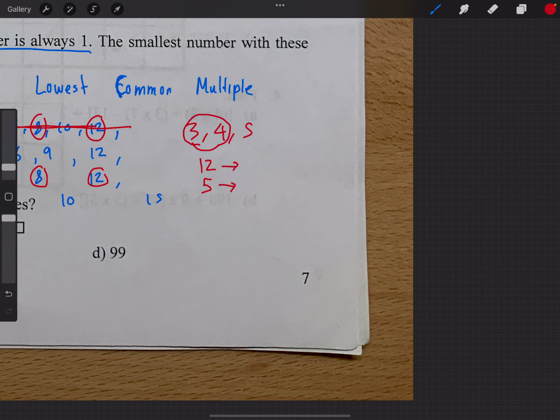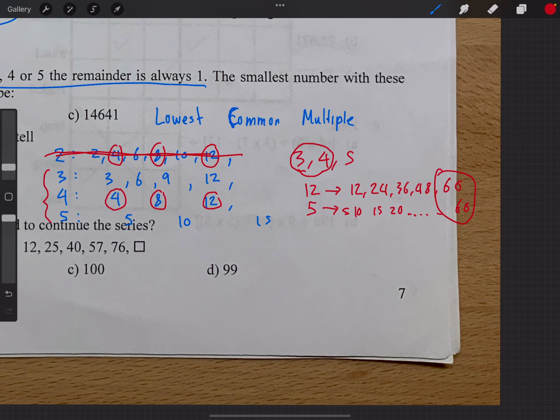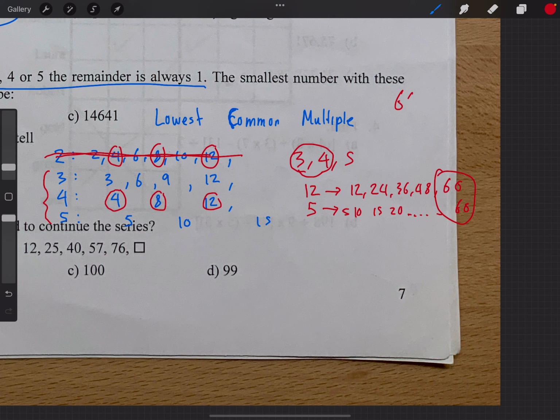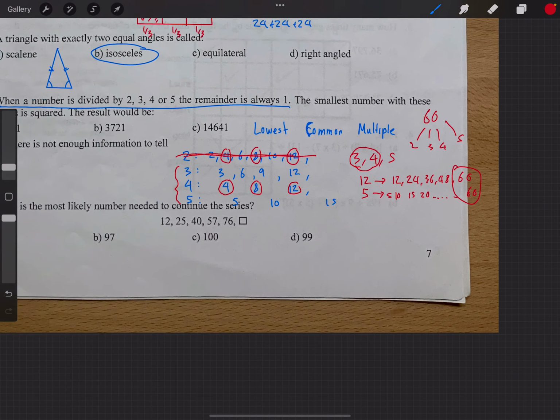So 12 is 12, 24, 36, 48, and then 60. 5 is 5, 10, 15, 20, all the way, and then 60. So that means we're going to use 60. The lowest common multiple of all of this is 60. 60 can be divided by 2, 3, 4, and 5, and it's the lowest number that can do that. Okay, so that's what we're looking for.